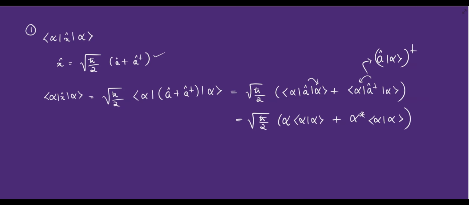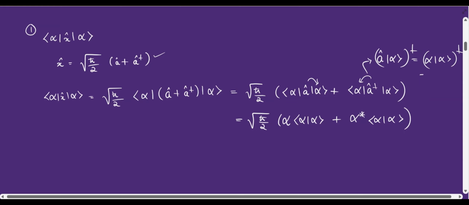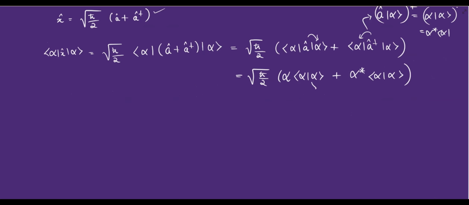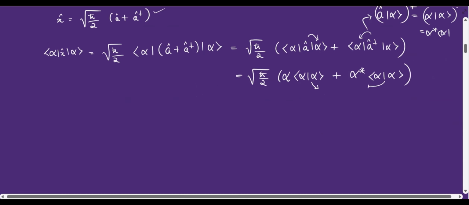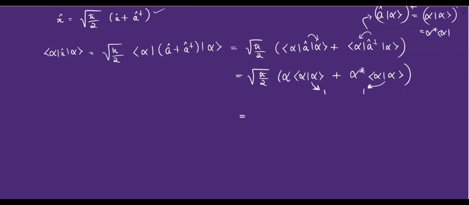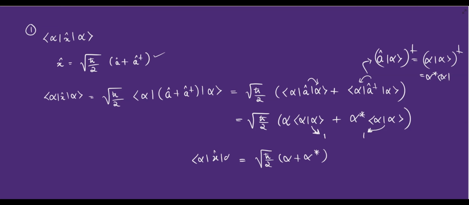So this is equal to α⟨α|α⟩ and α*⟨α|α⟩. So that is what we have done here. As the coherent states are normalized, you should recall that coherent states are not orthogonal, but we are considering our normalized coherent states, so ⟨α|α⟩ has to be equal to 1. So this is equal to α + α*. So this is what ⟨α|x̂|α⟩ is equal to.